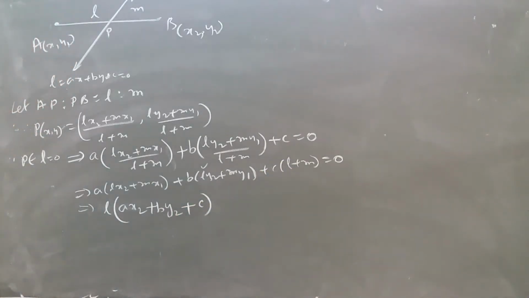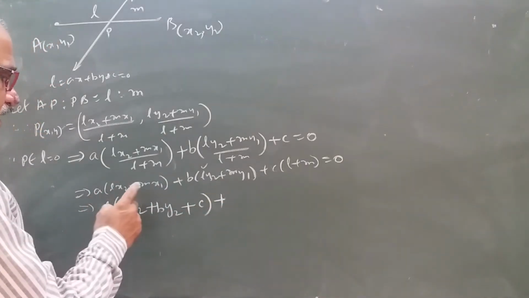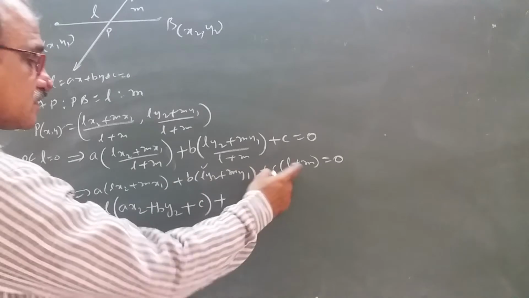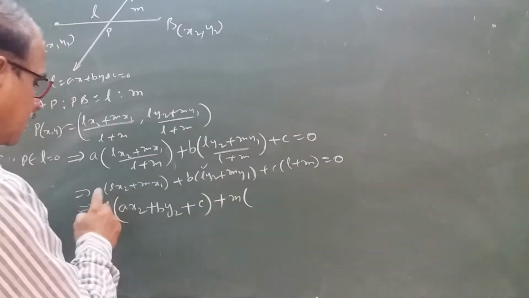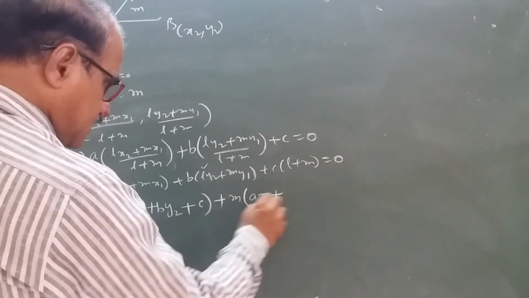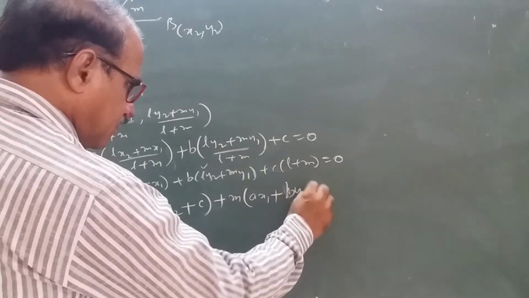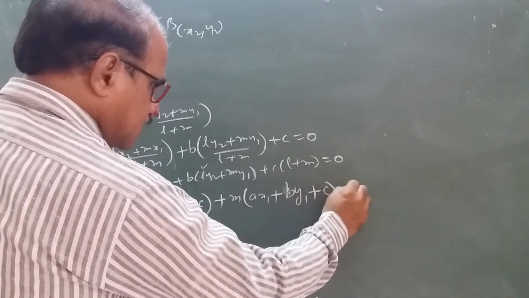The remaining terms, plus A m, by taking M as common, M into (Ax1 plus By1 plus C) is equal to 0.